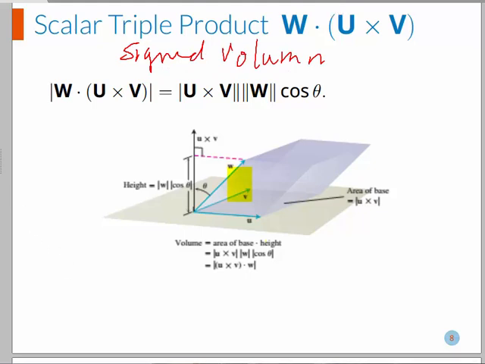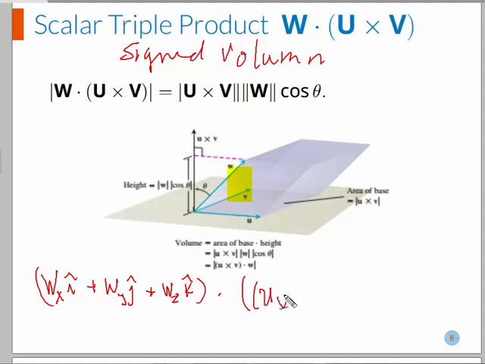Now, calculating this, if you just write out the components, it would be a lot of work. I have Vx in the i direction. Let's write them out here for w. And that's going to have to be the dot product of all the terms associated with u cross v. I'm just going to write the first one.